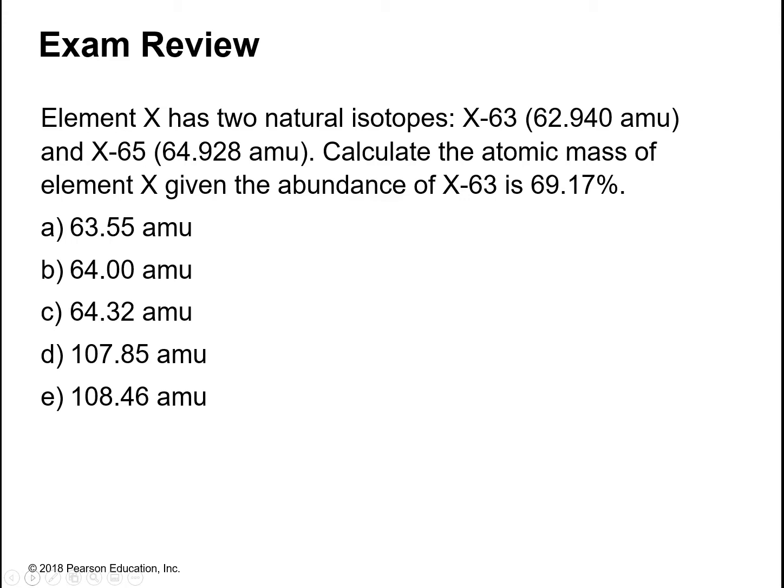In the interest of time, we're going to keep going here. I'm going to start solving the problem, but if you're not done yet, just keep going and put your answer in. So like I said, this is an atomic mass question, which means that you have to calculate a weighted average.